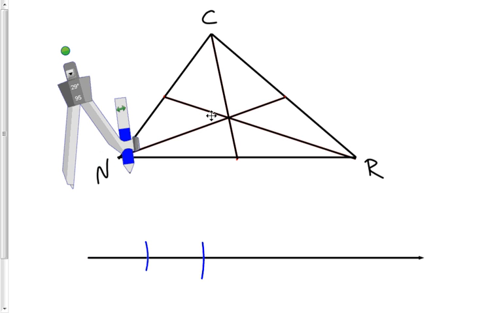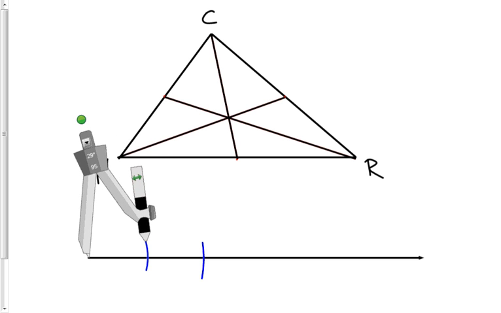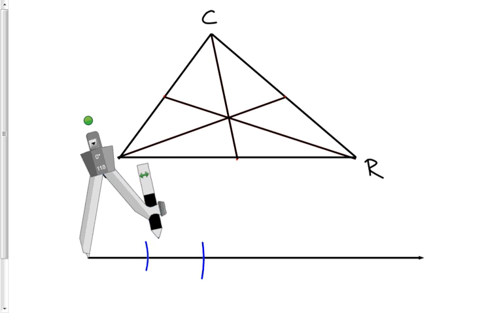So now the relationship there, it looks like the distance from the midpoint to the centroid is half the distance from the vertex to the centroid. But I better double check this. So let me take my compass and construct the perpendicular bisector of this segment.